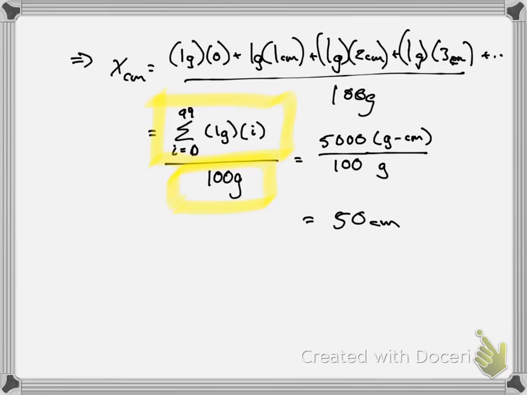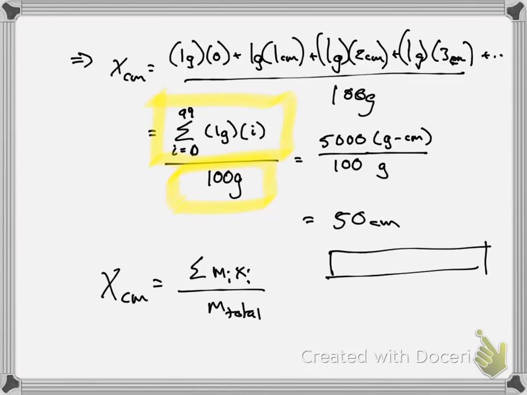There's a better way to do that, because each piece is not actually a point mass. We really want to make the pieces smaller. Let's break the meter stick into 1,000 pieces and do a sum over 1,000. Actually, let's break it into infinitesimally small pieces. So instead of a sum of m sub i x sub i over M total, we break it into infinitely small pieces, each of width dx.